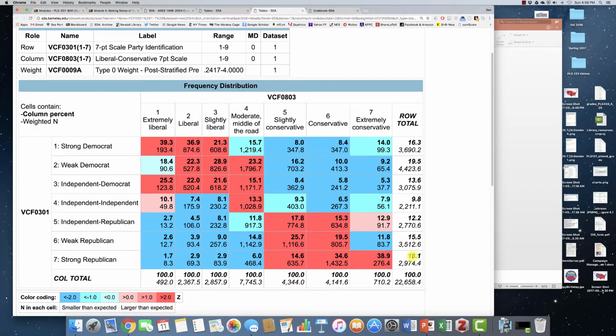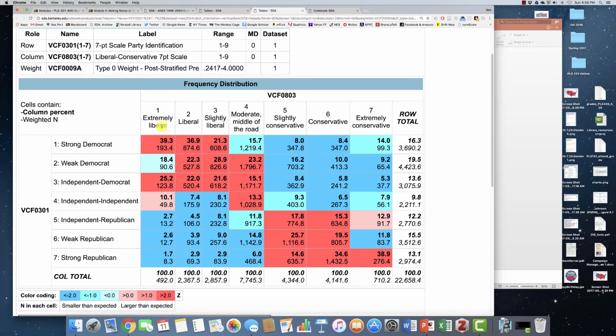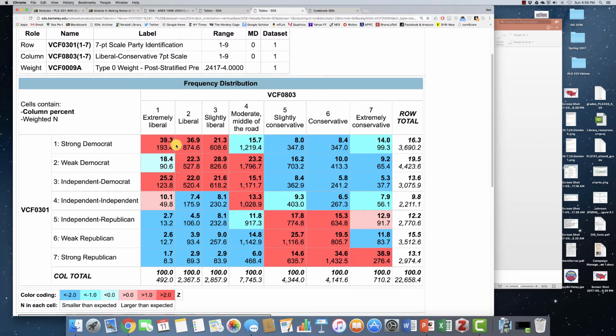If there was no relationship between partisanship, which we have here, and ideology, then in each of these ideological cells, we should see about 16% of people across all ideologies calling themselves strong Democrats, because only about 16.3% of the overall public from 1948 to 2004 called themselves a strong Democrat.